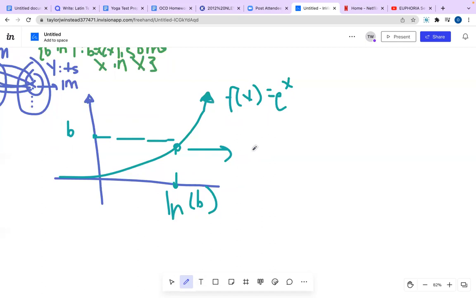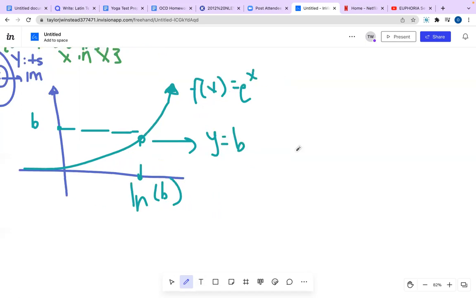The image of a function, so the image of a function f of x, consists of all real numbers b such that the line y equals b intersects with the graph of f, right? So basically the image is for every point where this dotted line right here intersects with this line.